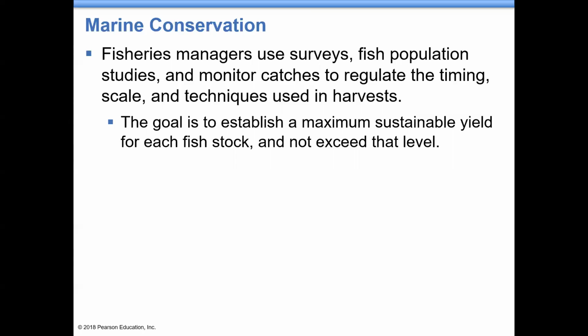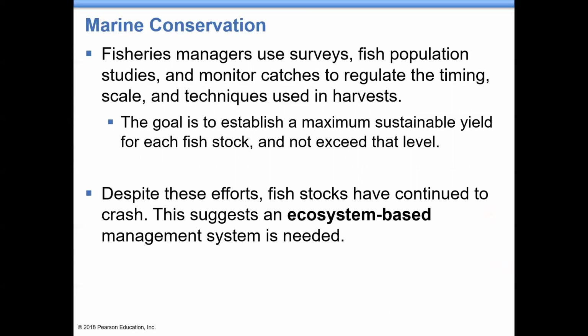And their goal here is, just like we talked about in the timber industry, to establish a maximum sustainable yield. And this means that they are harvesting as much as they can to reap that economic benefit, but they are not harvesting enough for those harvests to be detrimental to the ecosystem and fish populations.